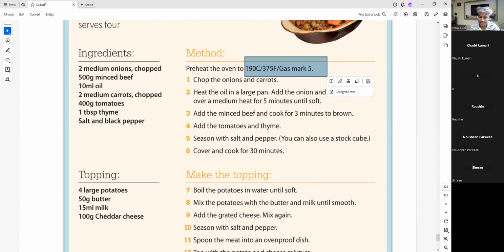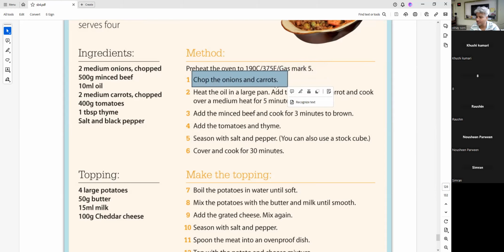Step number 1, chop the onions and carrots. So we don't have the subject here. These are called imperative sentences. We start them with a verb, chop the onions and carrots. The subject you is hidden here.